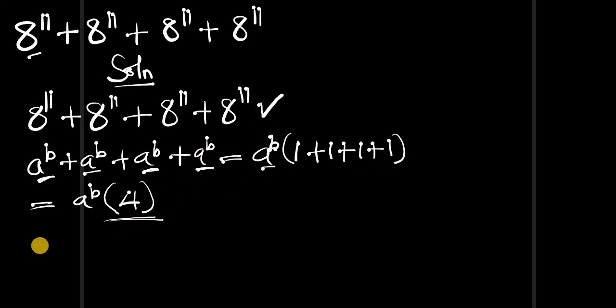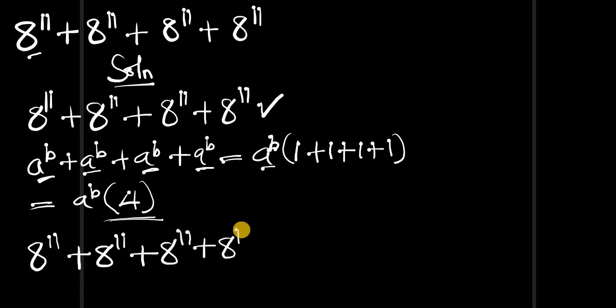That means we're going to have 8 to the power of 11 plus 8 to the power of 11 plus 8 to the power of 11 plus 8 to the power of 11, which is simply equal to 8 to the power of 11 into, then we divide each term by 8 to the power of 11, exactly what we did here.